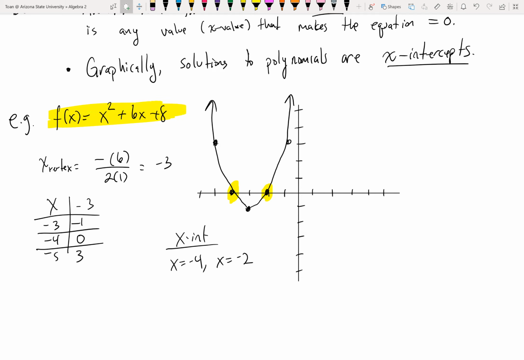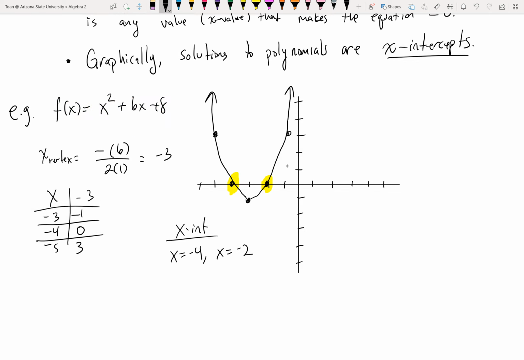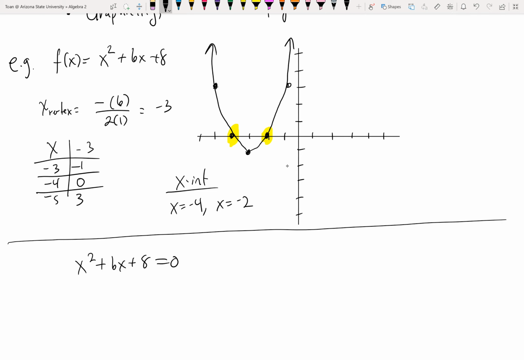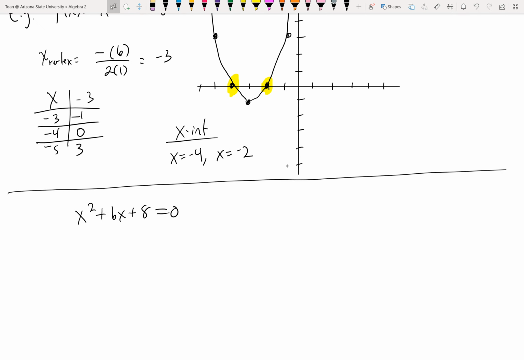They are the x values that, when you plug them in, would make the whole equation equal to 0. So if we were to solve x squared plus 6x plus 8 equals 0, this is a quadratic equation. Solve it however you want: factoring, completing the square, etc. It turns out that this is factorable, x plus 4, x plus 2, and you get x equals negative 4, x equals negative 2.